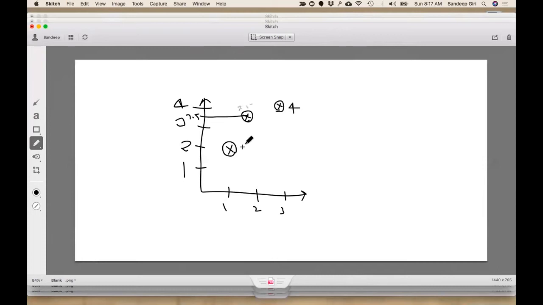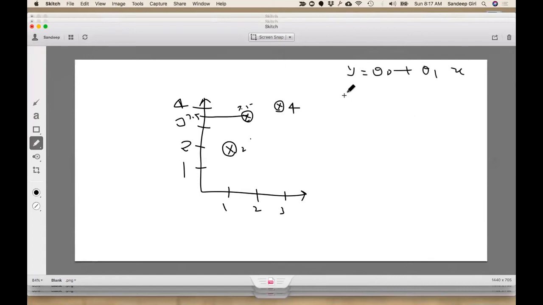Now, if we are given this kind of scenario, what are we going to do? Let's say we come up with the same thing, y as a function of theta naught plus theta 1 into x.